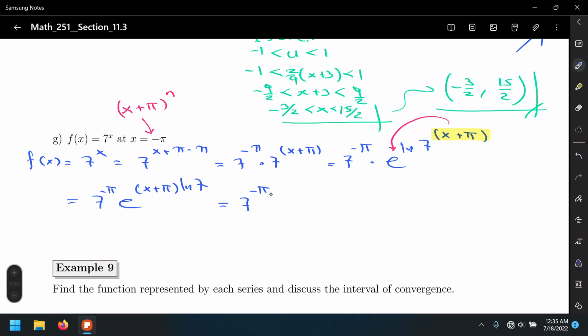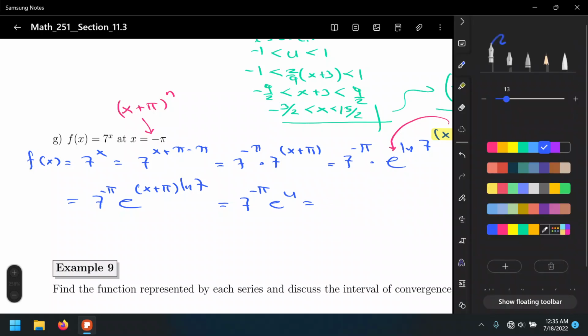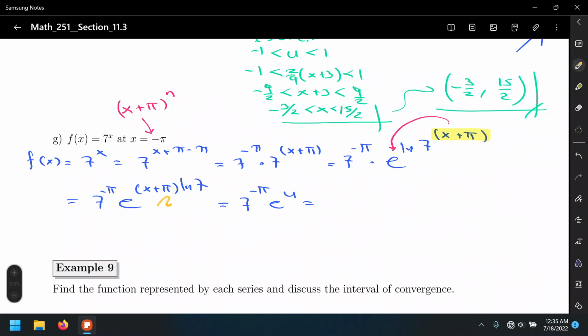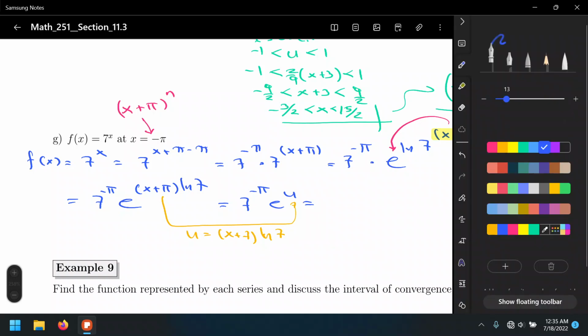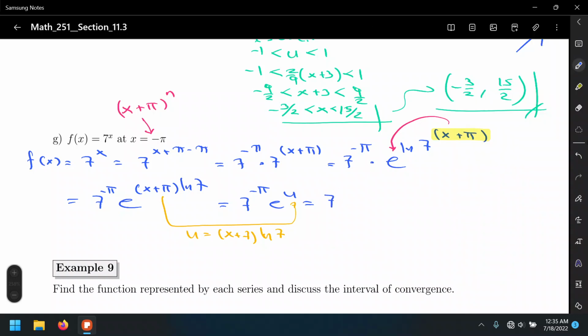That's going to be e to the u, where our u, again, what's our u? u equals x plus pi times ln of 7. So 7 to the negative pi, sigma n equals 0 to infinity of u to the n over n factorial, where our u will be this expression here.